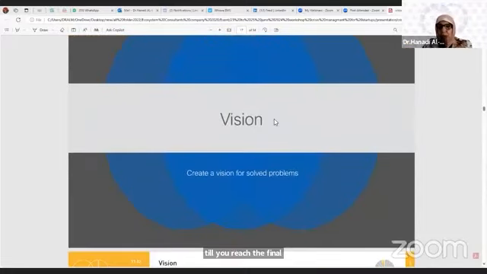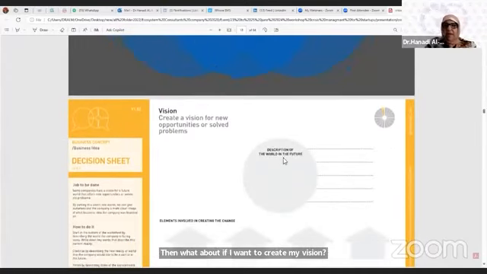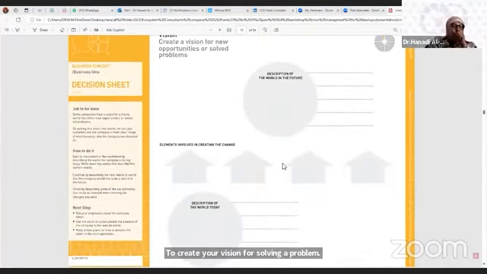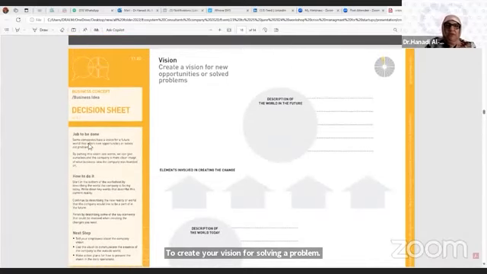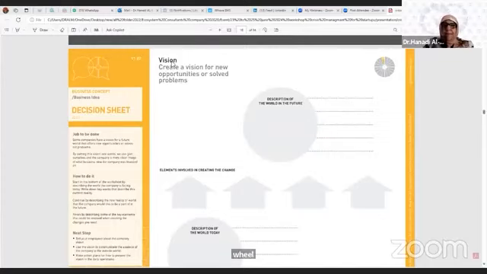Then what if I want to create my vision? To create your vision for solving a problem, you will again use a decision sheet about the vision. Those tools are already available and constructed from the strategy of the 360 Growth Wheel, where I'm an advisory in the 360 Growth Wheel international advisory.